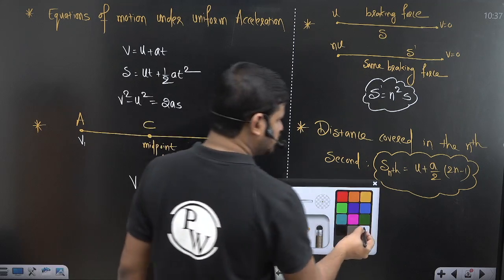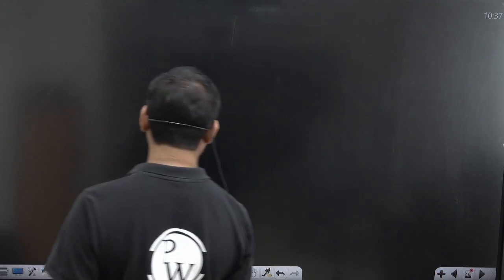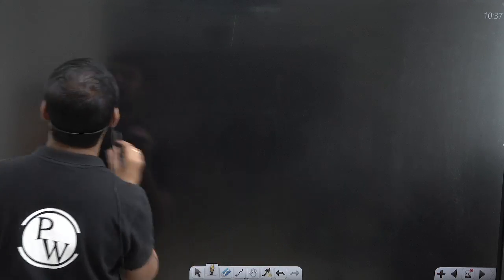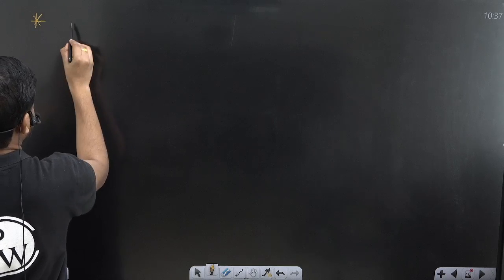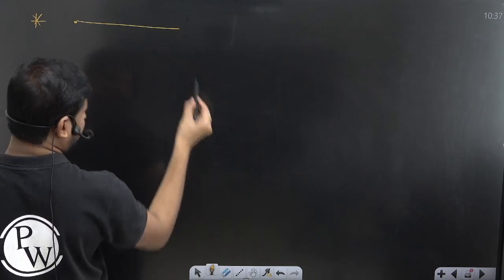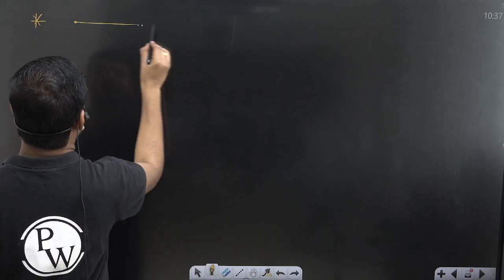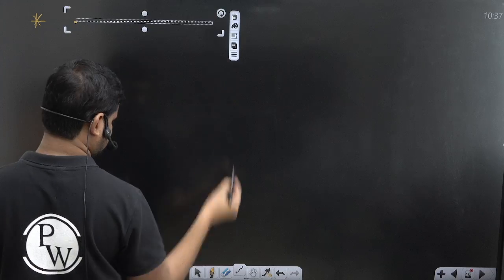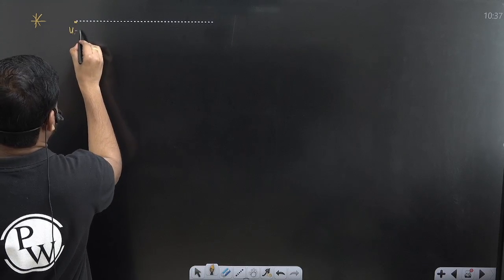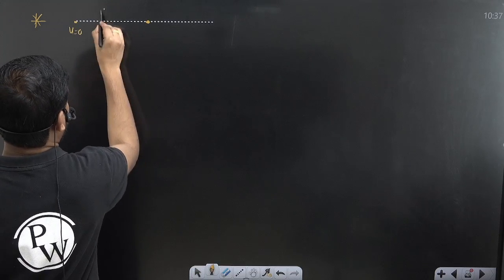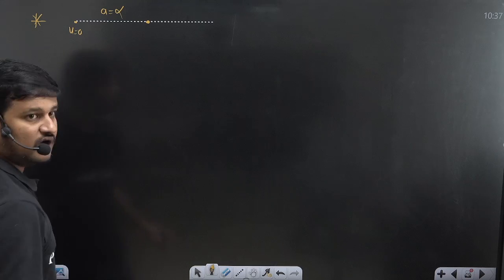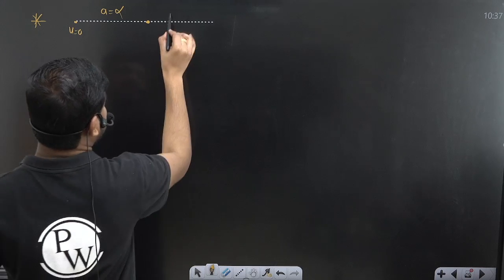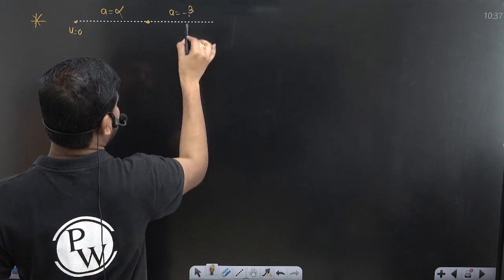So then we have also seen two more standard results. If a body is starting from rest and it accelerates at a rate of alpha for some time, and then it decelerates at the rate beta.